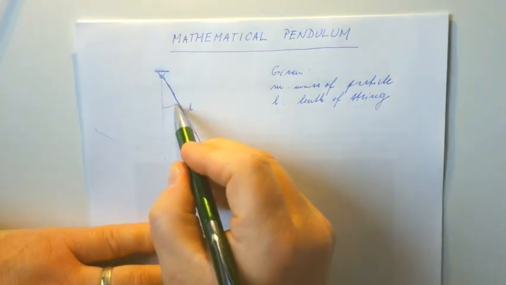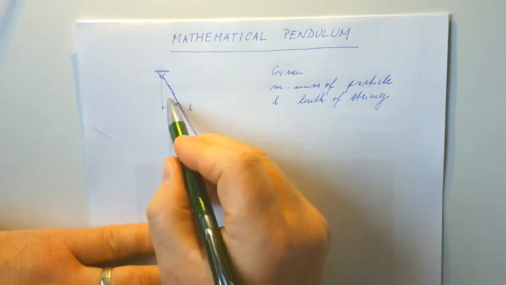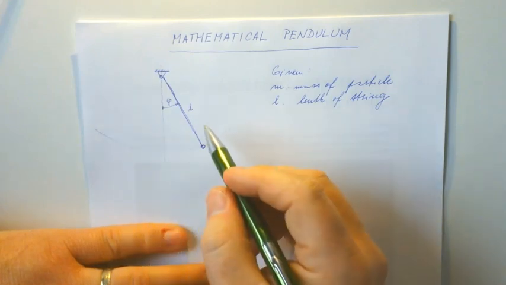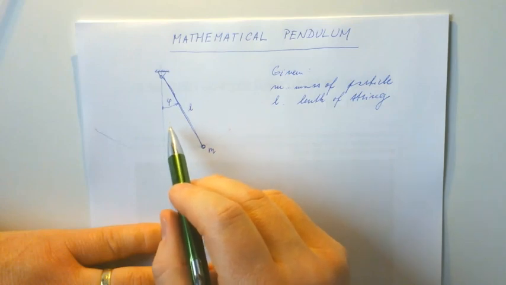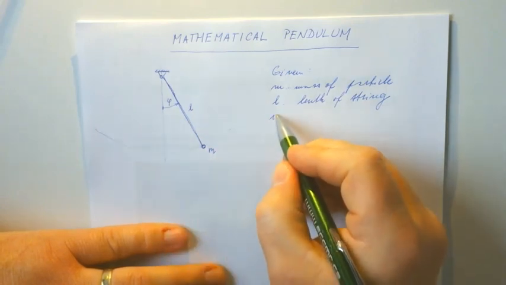We measure rotational angular displacement as an angle phi, and we can say that at the beginning of the motion, there were some initial conditions.